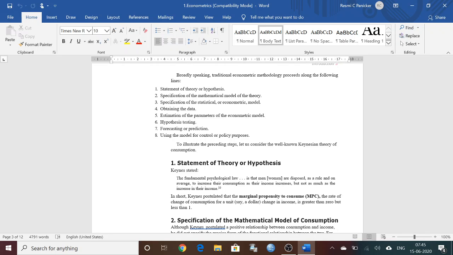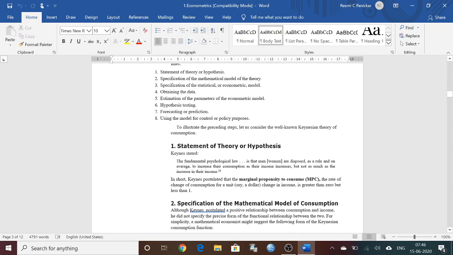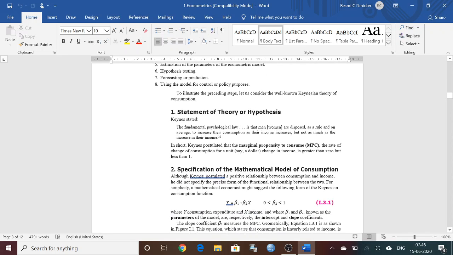So the first thing you can do is pick an appropriate theory for your research problem. Here it is the consumption function theory, or Keynesian consumption function. So you can state the theory first. That is the first step, statement of theory or hypothesis.